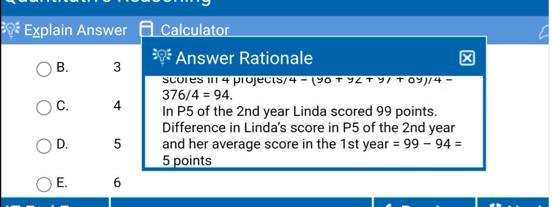In P5 of the second year, Linda scored 99 points. The difference in Linda's score in P5 of the second year and her average score in the first year equals 99 minus 94 equals 5 points.